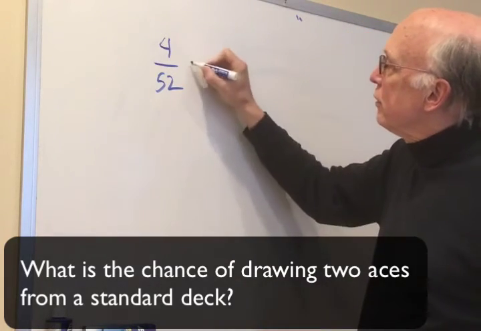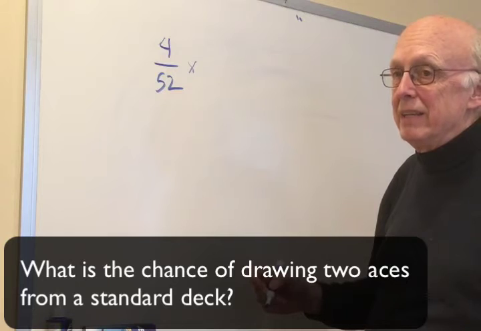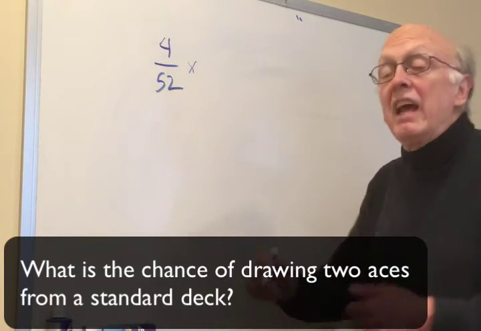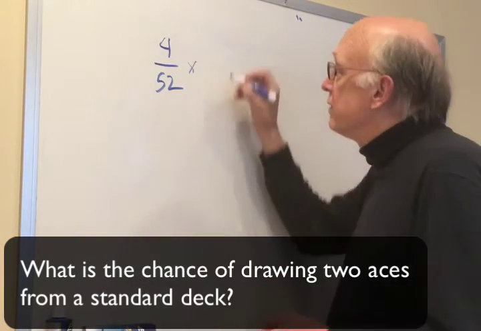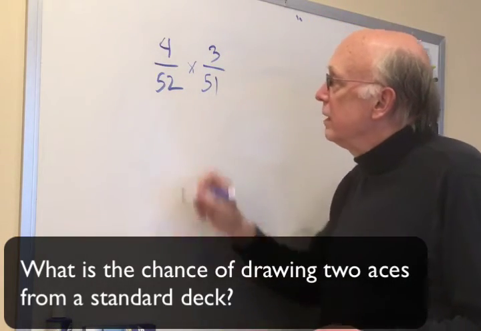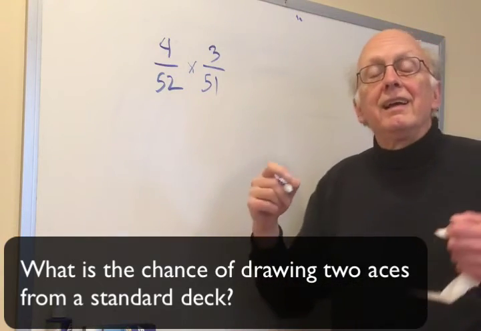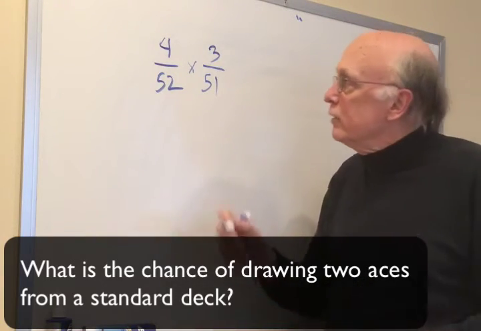The chance of drawing the second card, given that the first one was already an ace, is that there are only 3 aces left, and only 51 cards left. So it's 3 over 51. So it's this product, 12 over a whole lot, that is the probability of getting 2 aces.